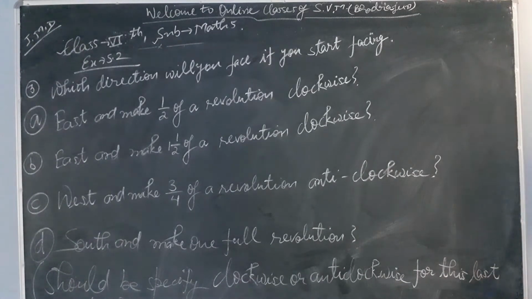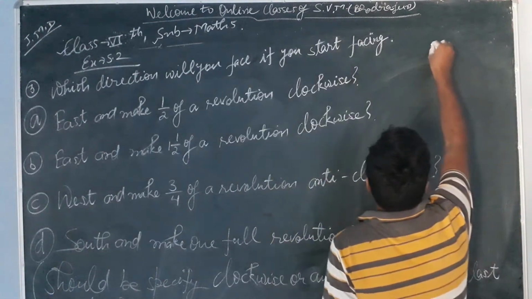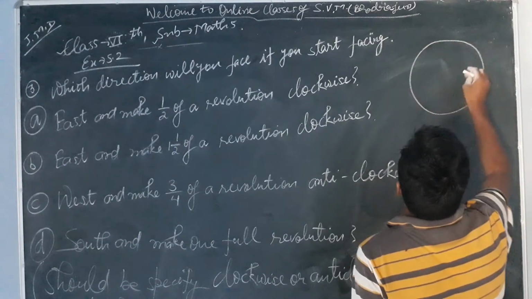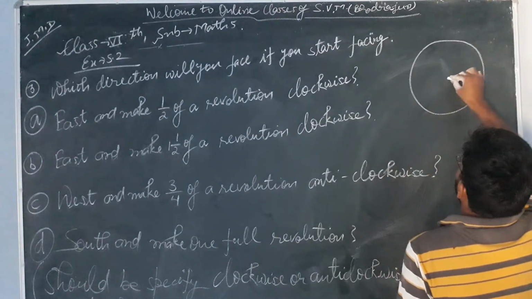Okay, which direction will you face if you start facing? Actually, for this question I am going to make a clock. So this is our clock, and this is the center point of this circular clock.